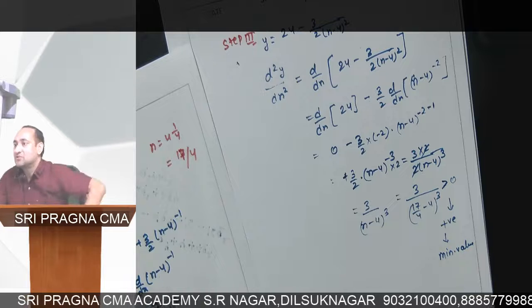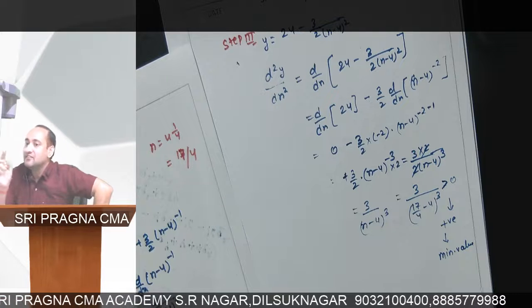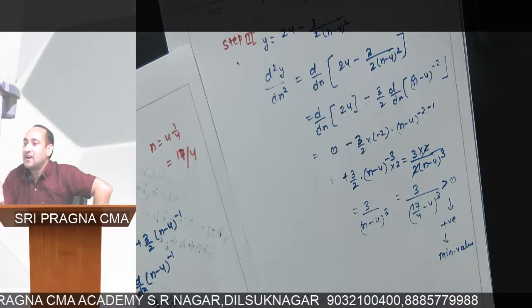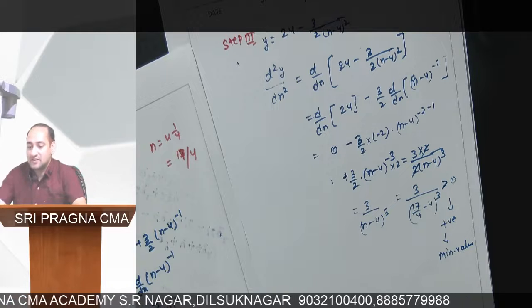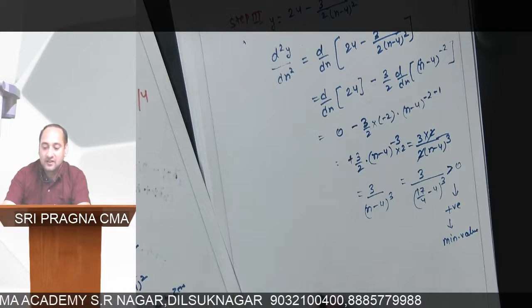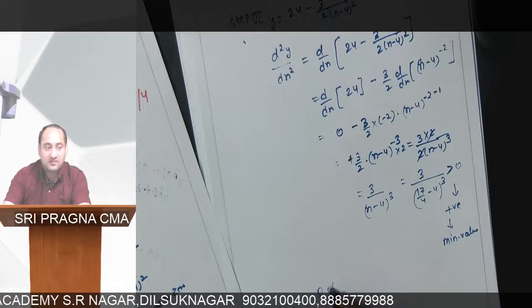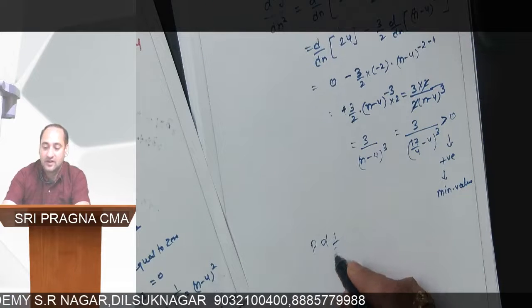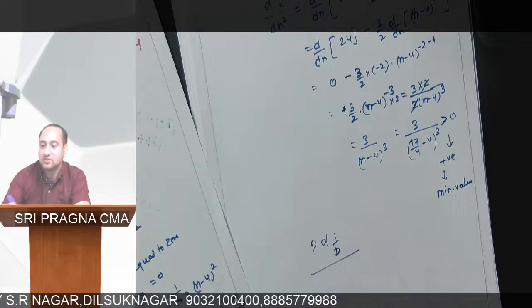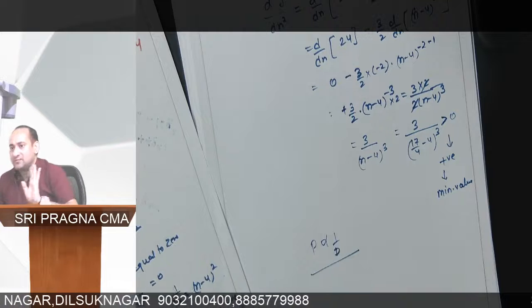That's why there is an inverse relationship between the demand and the price. So we write that price is inversely proportional to demand. This is a concept you already know.